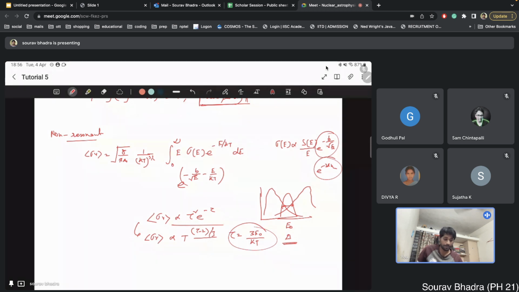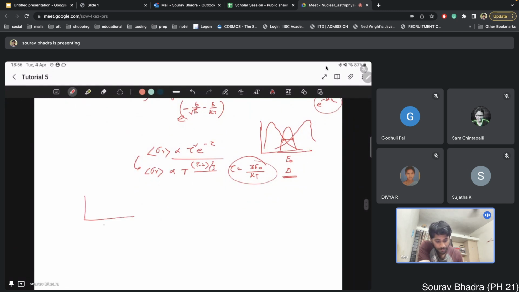Now the main point is, remember that for non-resonant reaction our sigma was a smooth function of energy, but for resonant reaction, as you know already, this is just a brush up of things, this sigma is not a smooth function of energy. So if it is energy, if it is sigma, for non-resonant it was like a simple smooth function.